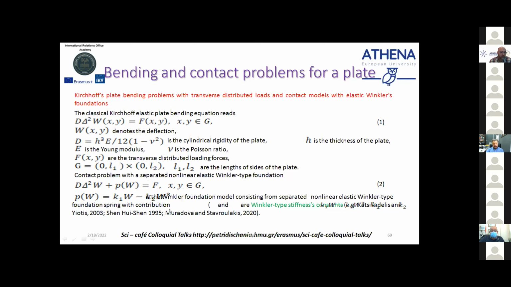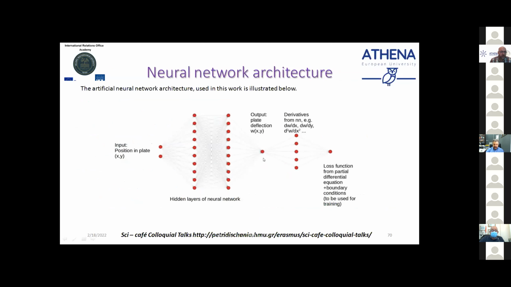The neural network is going to learn how to solve this differential equation. The idea is that the classical backpropagation neural network can be used for every position of the plate, x, y coordinate, these are the inputs, to approximate the plate deflection.